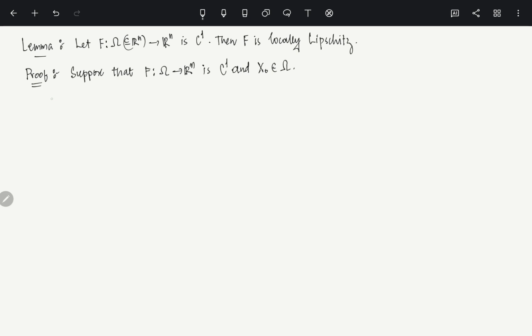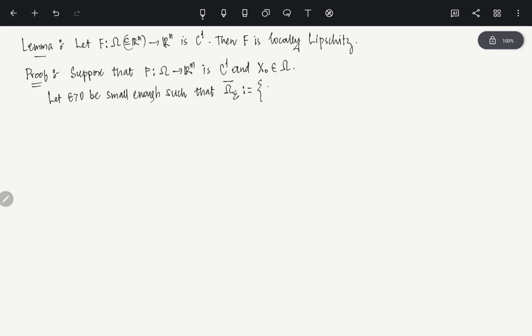So now let epsilon positive be small enough such that omega epsilon bar, the closure of omega epsilon, I am defining as the closed ball.